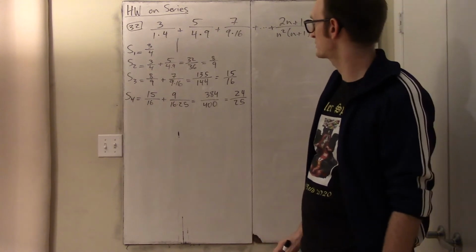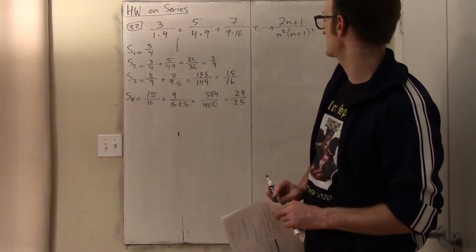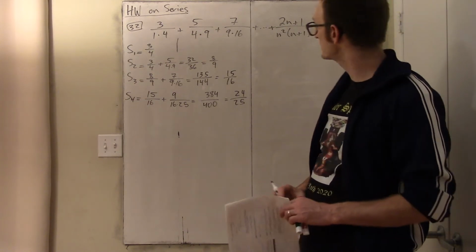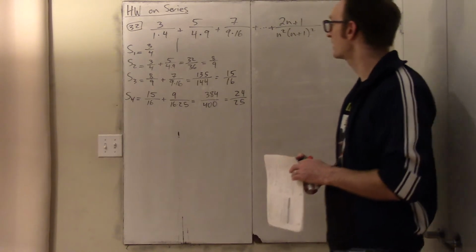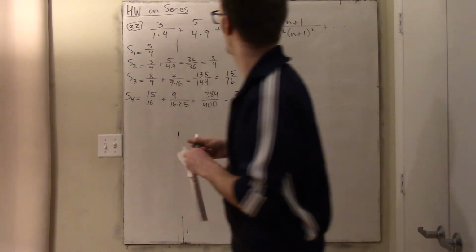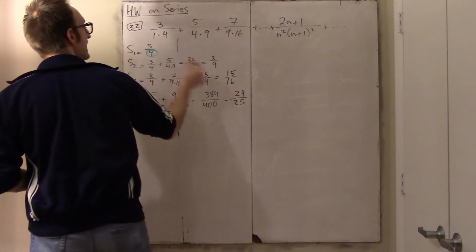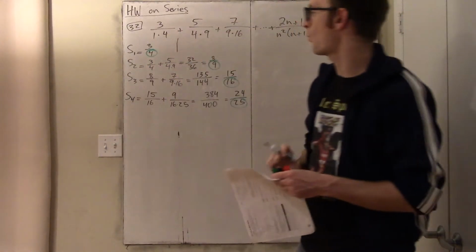Okay, so I got this now. What is the pattern? It's going to be very close to 1. The denominators are growing by the perfect squares, and the numerator is always just 1 less.